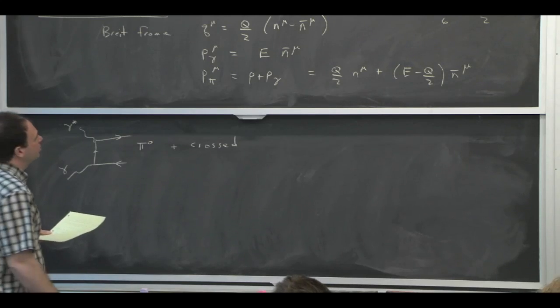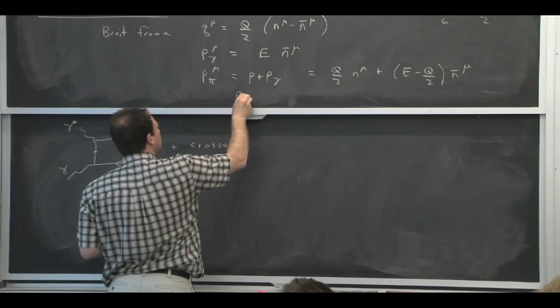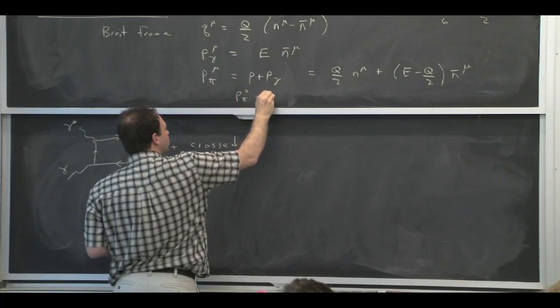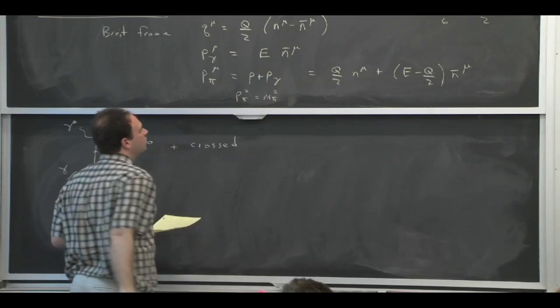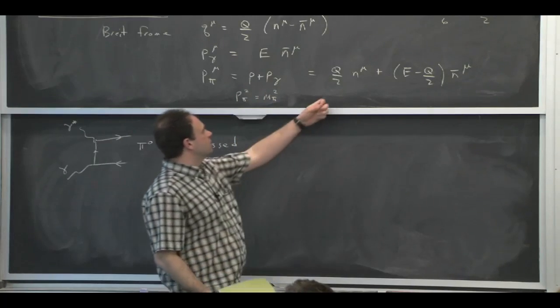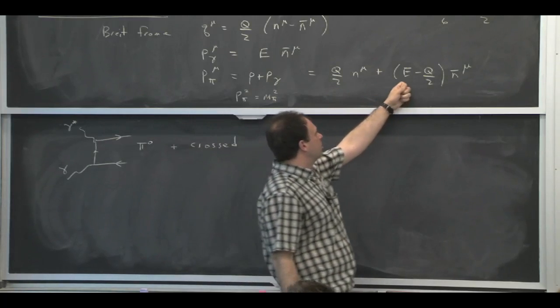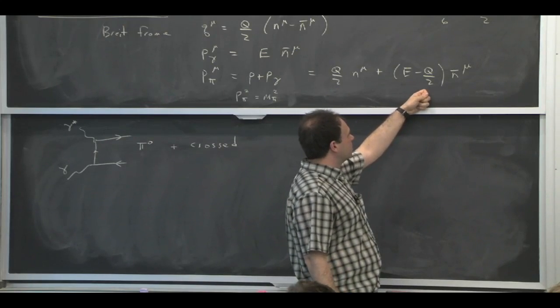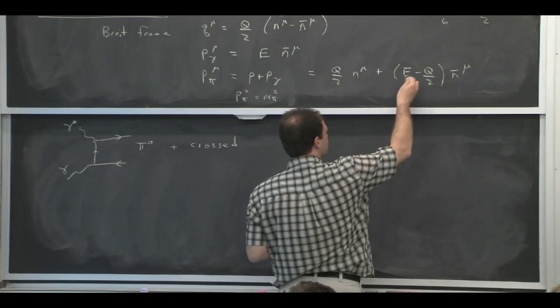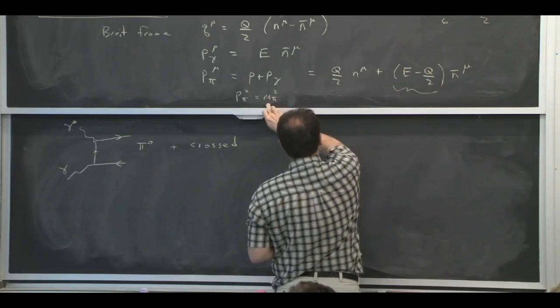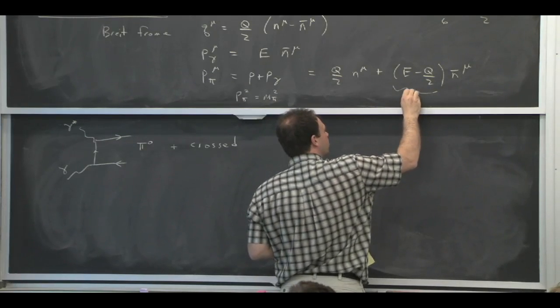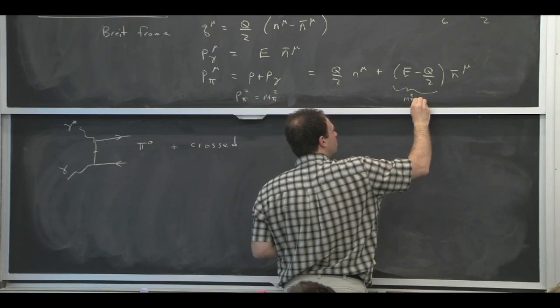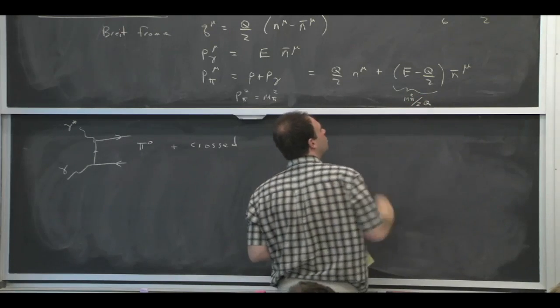In order to see that, you could impose p pi squared equals m pi squared. This is never going to be made small, but E is going to have to be tuned to be basically q over 2. So this thing is going to become, if you impose this condition, something like m pi squared over 2q.